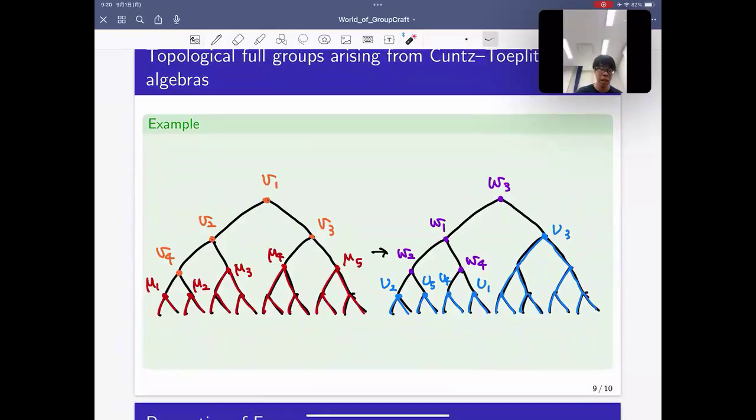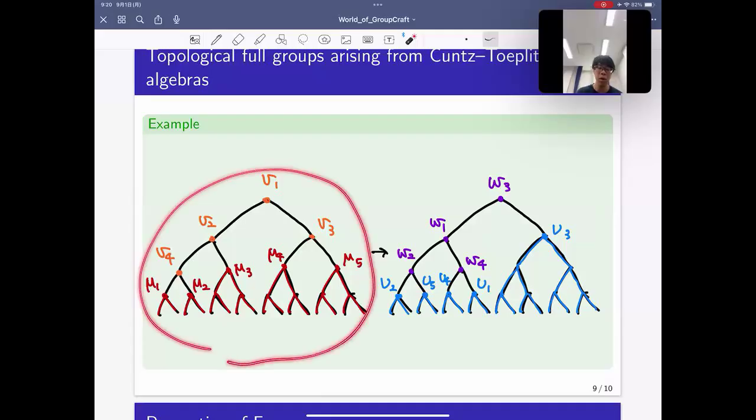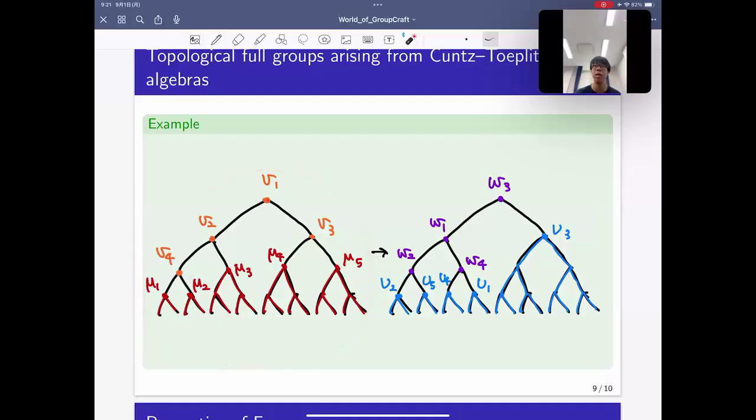Here are mu1, mu2, mu3, mu4, and mu5, and v1, v2, v3, and v4. And they span the whole of the tree, meaning that each vertex either starts from some mu or it is some v. All right, and it is the same for the nu's and w's.